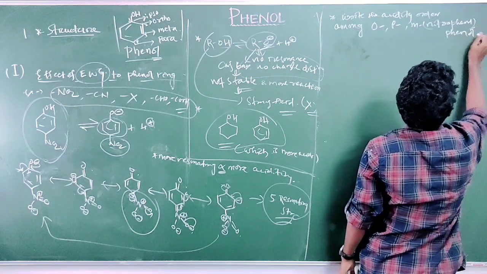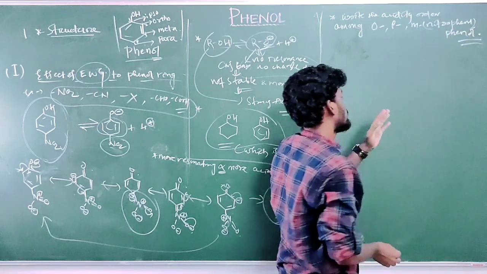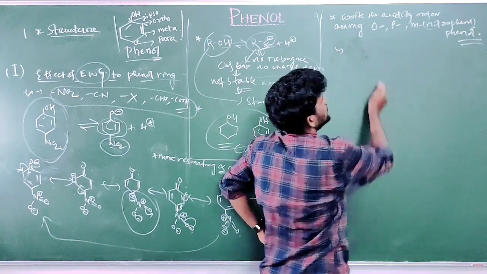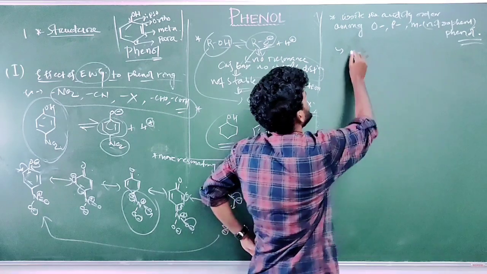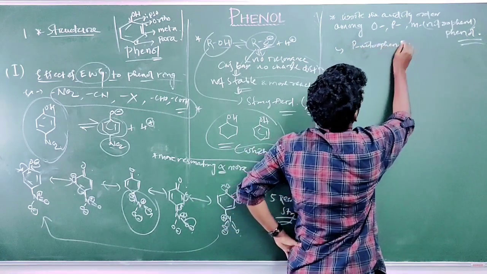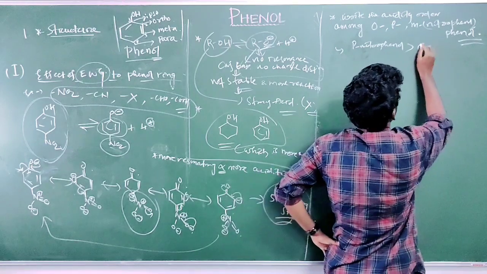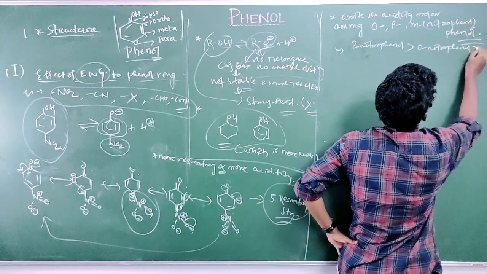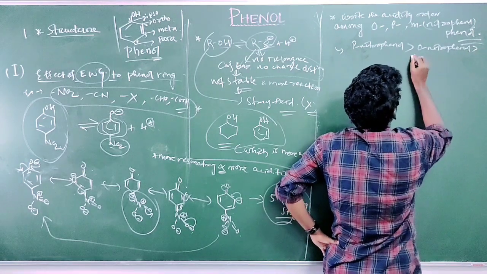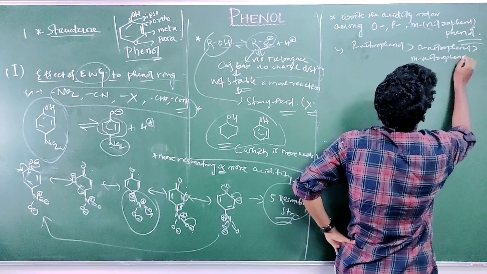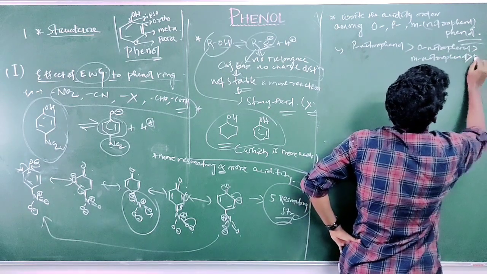Compare all four. I am writing the acidity trend. The answer is: para nitrophenol is more acidic than ortho nitrophenol, and ortho nitrophenol is more acidic than meta nitrophenol. And meta nitrophenol is more acidic than normal phenol.